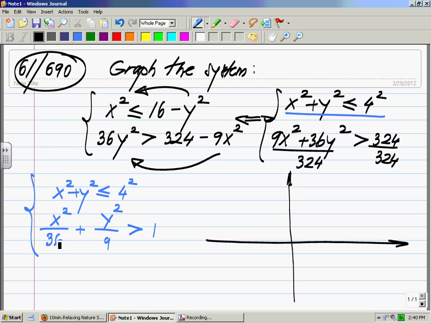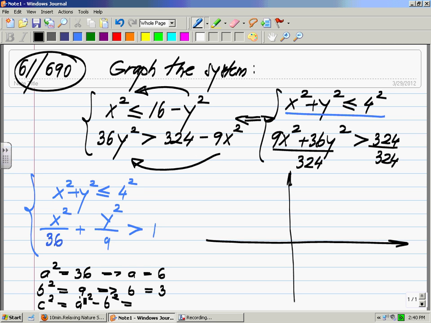Looking at the ellipse first, this 36 is actually your a squared, right? Your a squared equals 36, which means a is 6. b squared equals 9, which means your b is going to be 3. What is my c here? c squared equals what for an ellipse? It will be a squared minus b squared, right?